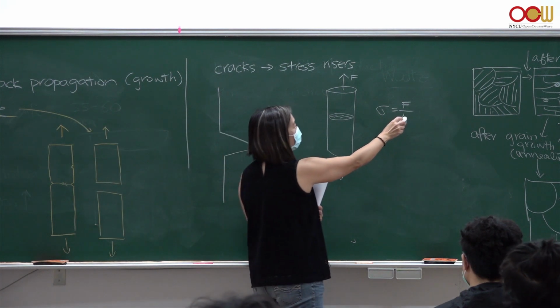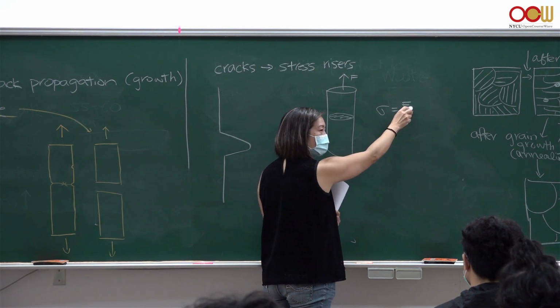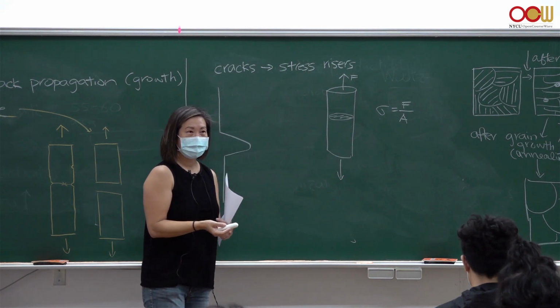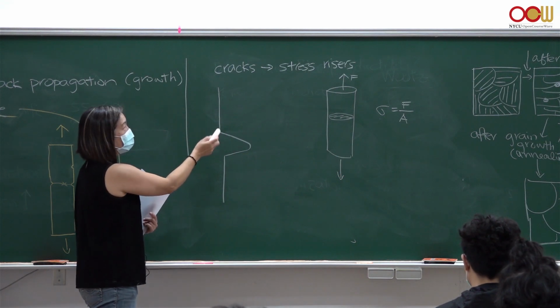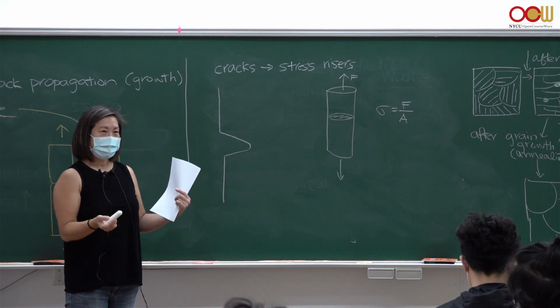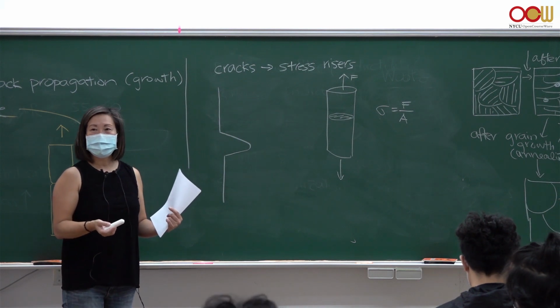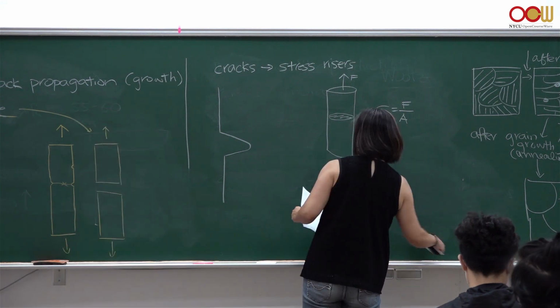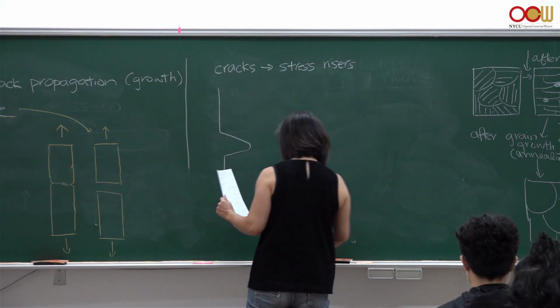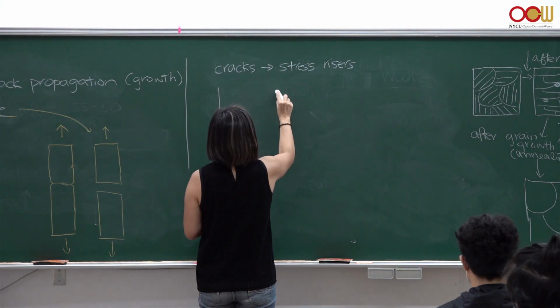If the surface area goes down, even though the force is still the same, the stress experienced by the material is much, much higher. Okay, so that's what a crack is, a stress riser. It increases or magnifies the stress experienced by the material. So here are some equations to calculate the stress when there are cracks around.